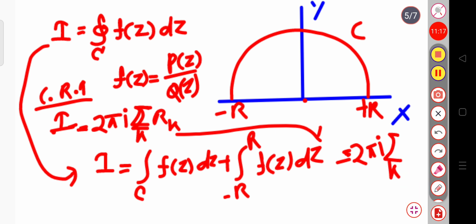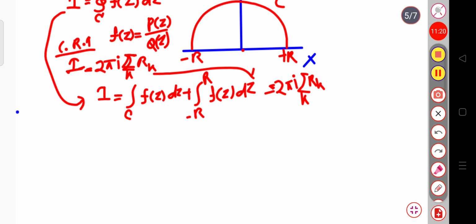Here we have considered that the degree of q of z should be at least 2 greater than that of p of z.